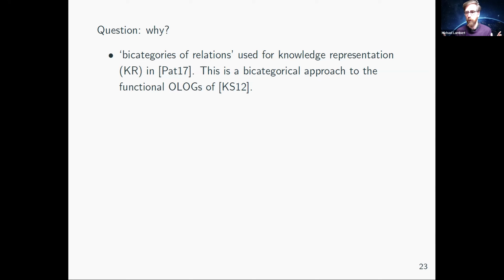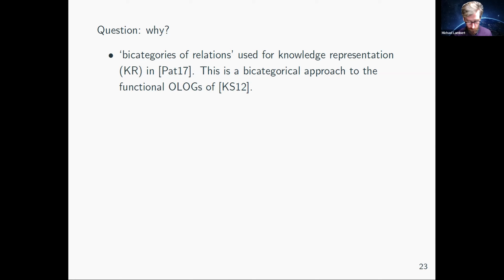And his observation was basically like, okay, look, we've got this nice notion of a functional olog due to Kent and Spivak, but not every relationship that you might want to model is just functional. So we're going to look at relations. And he wrote a really nice paper using bicategories of relations to do precisely this.